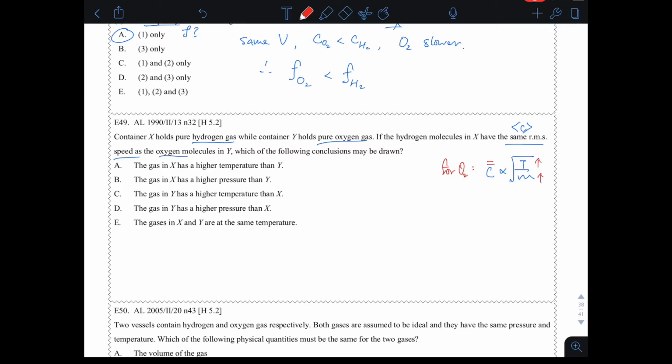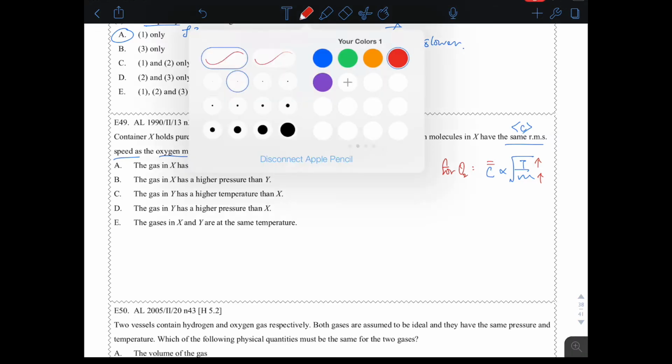Then in order to keep C the same, T must also be increased in order to have the same root mean square speed. That means the oxygen gas must be hotter so that the heavier oxygen molecules can be moving faster, because originally, if it is heavier, it will be slower. Then this is our conclusion.